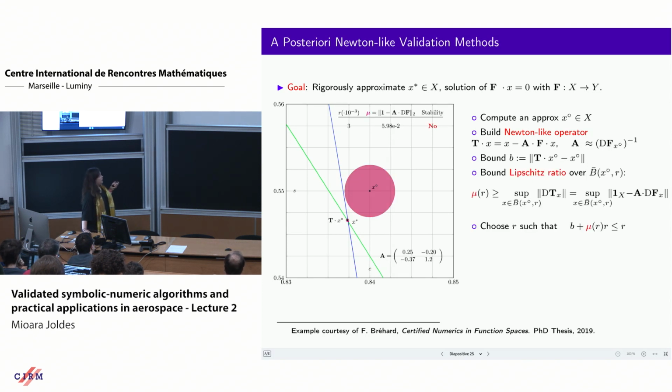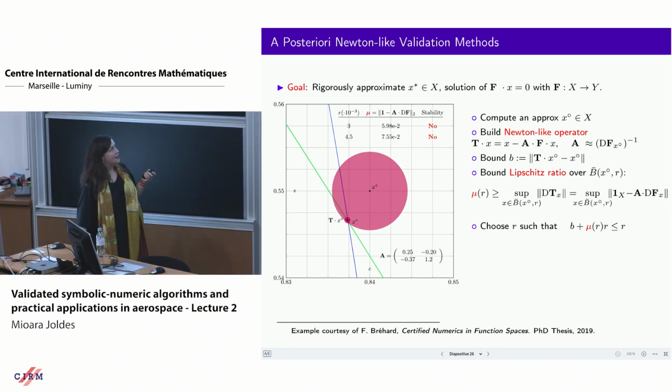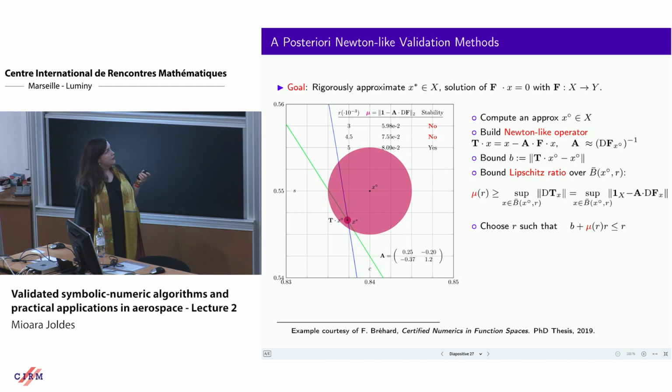So I can choose different bounds, different balls around this initial guess, and check if this ball is strongly stable, meaning it will be mapped inside itself. So in this case, yes, it's not. Okay. Then I can change to make it smaller.